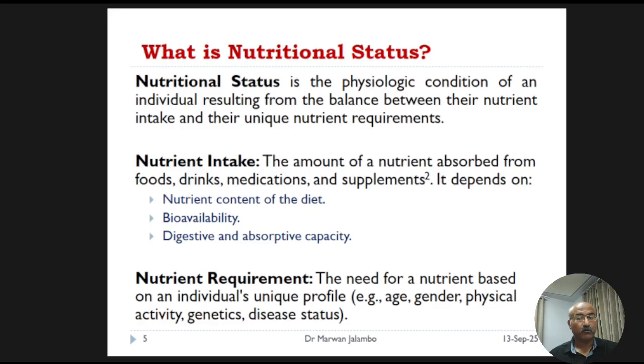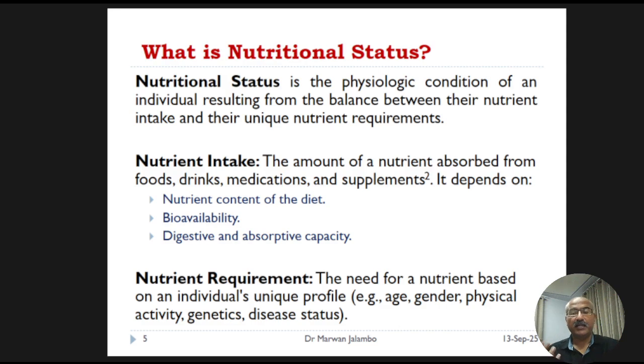But we also must consider genetics, disease states or medical conditions that can significantly alter those needs. So the goal is to see if these two sides are in balance.